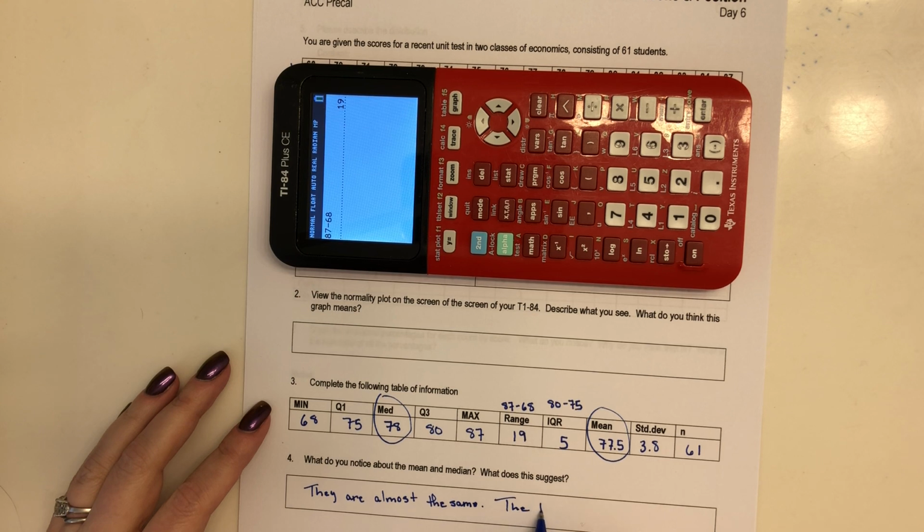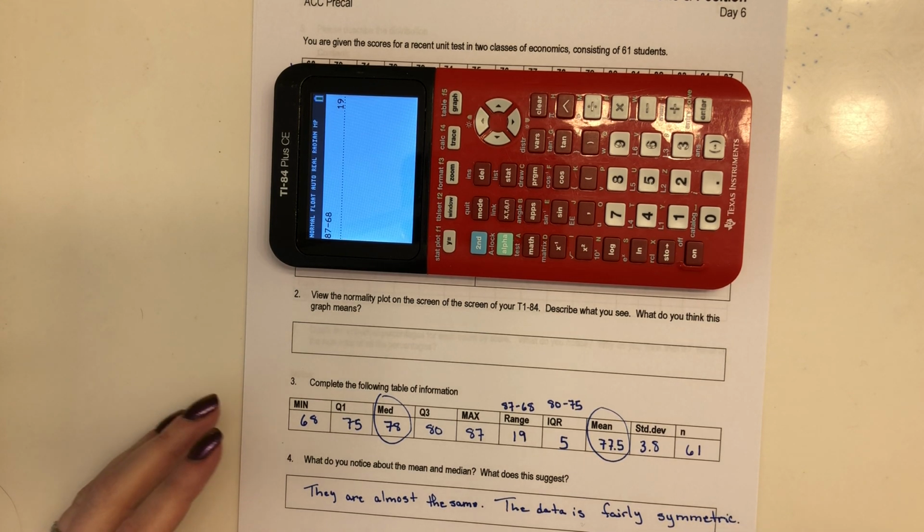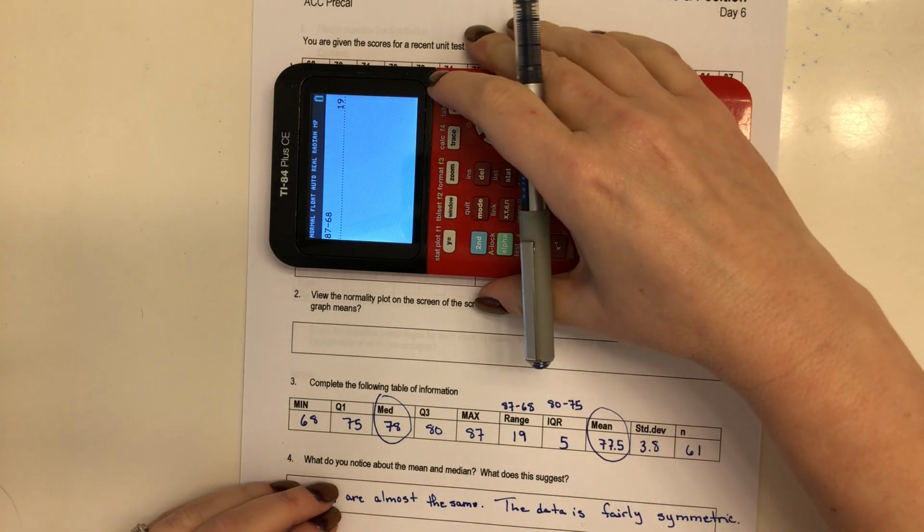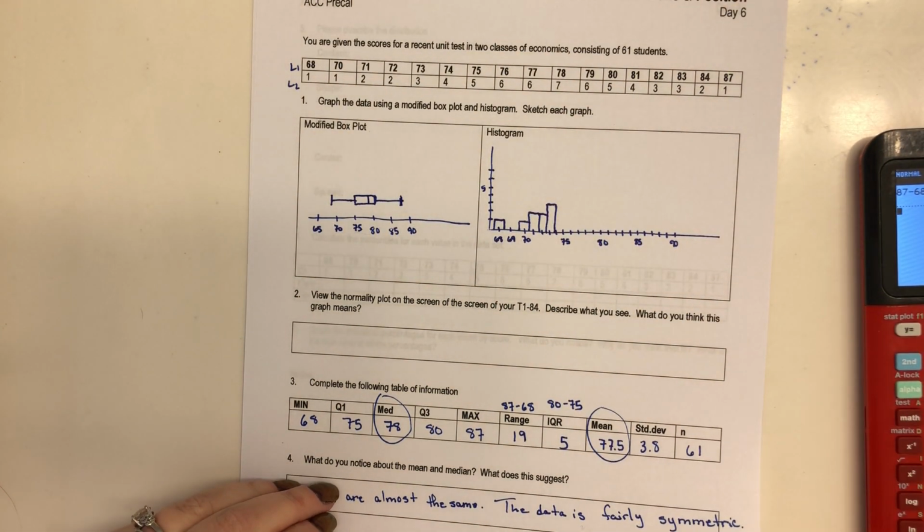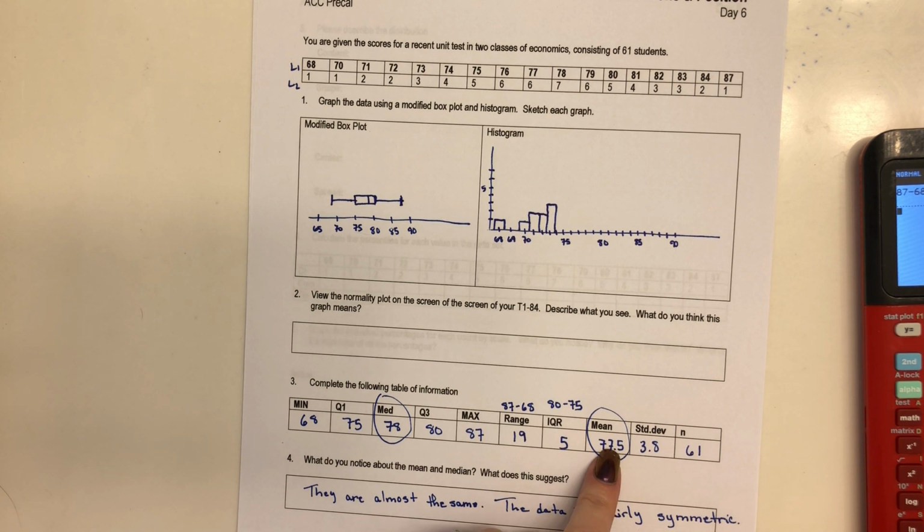The data is fairly symmetric. You could also say it's approximately symmetric. There are just so many options right there. But what you're trying to say here is that since those are similar, that means your data is symmetric. If those are not close to each other, that means your data is skewed.